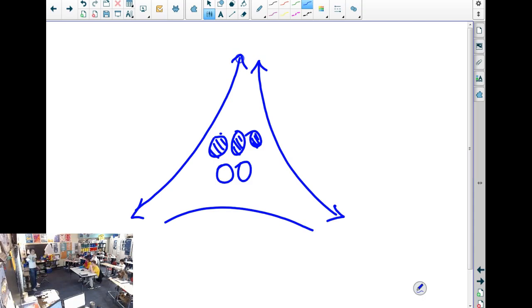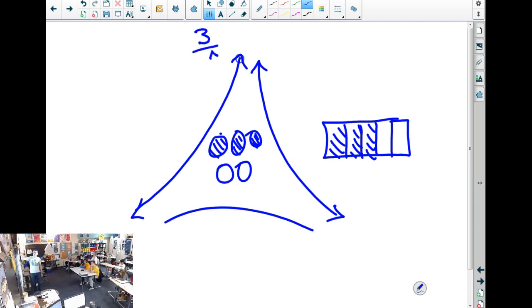We could have 5 of something, and 3 of them could have a unique characteristic, or we could have something broken up into fifths, and 3 of those 5 sections. Here's what I care about, that you can quickly and efficiently convert between the fraction of 3/5, and sometimes it takes thinking about another fraction.